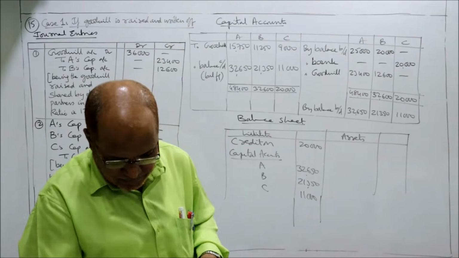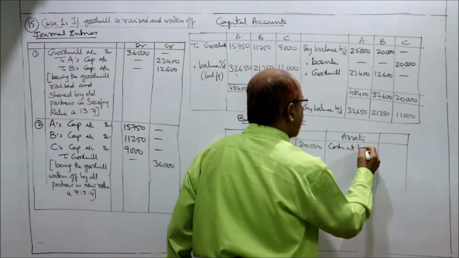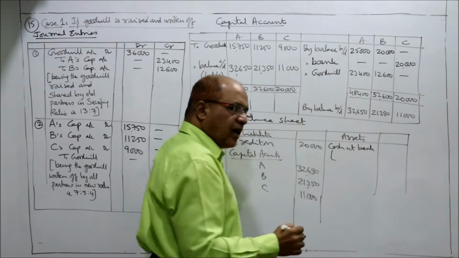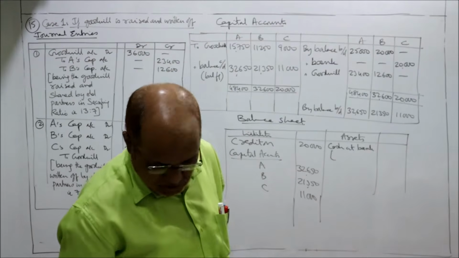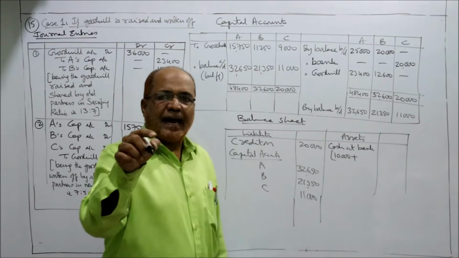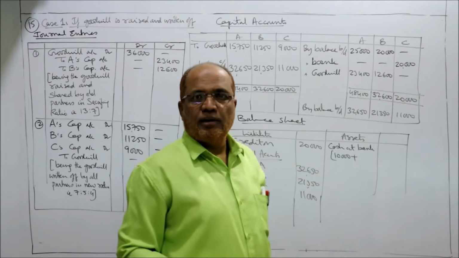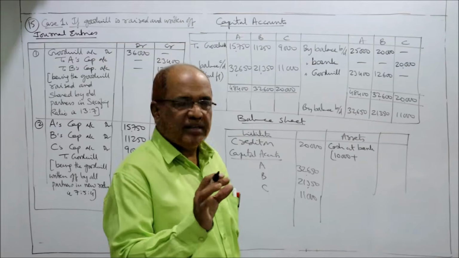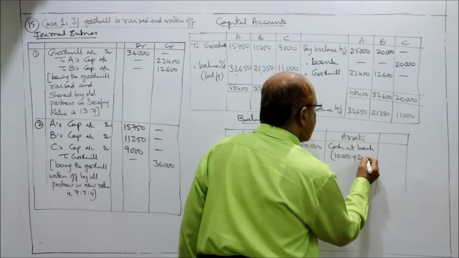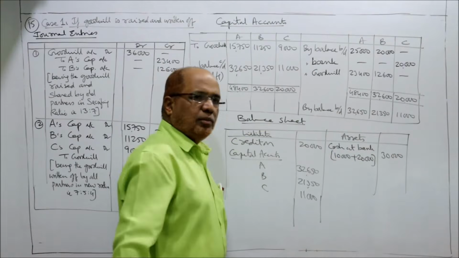Cash at bank. Before admission, the cash at bank given in the problem was 10,000. How much cash is C bringing? The capital brought by C is 20,000. It will be 30,000.